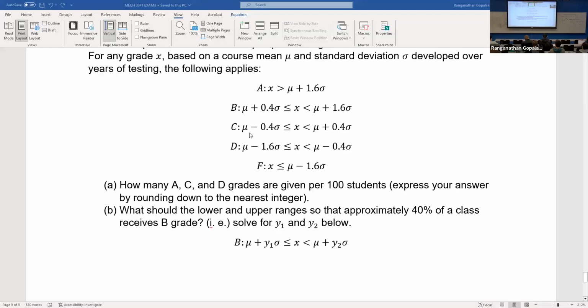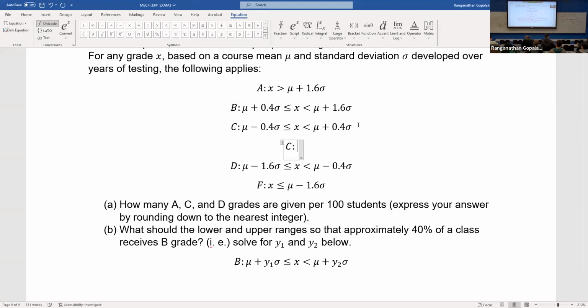How many C grades will be posted in this class if the score lies between mu minus 0.4 sigma to mu plus 0.4 sigma, the grade is a C. So how would you transform this?